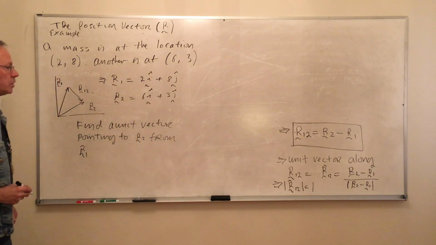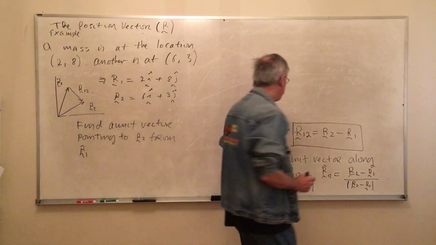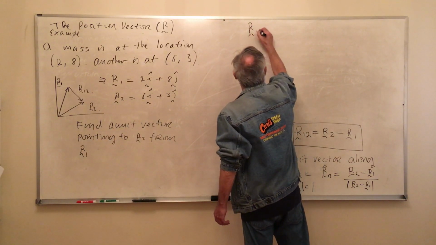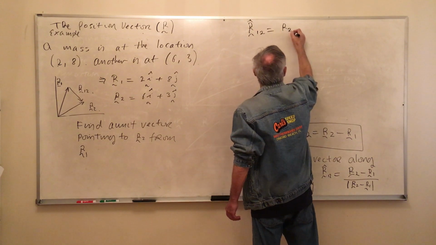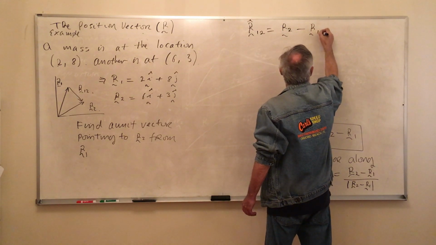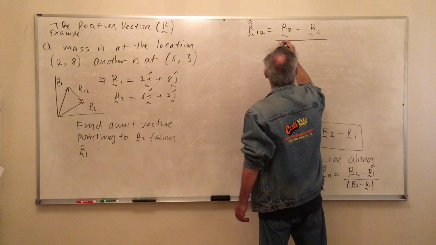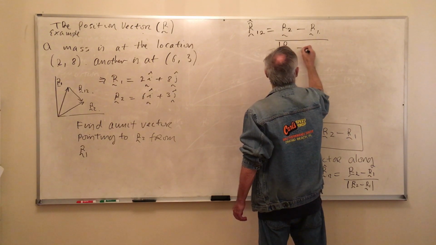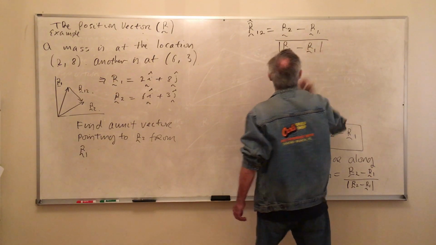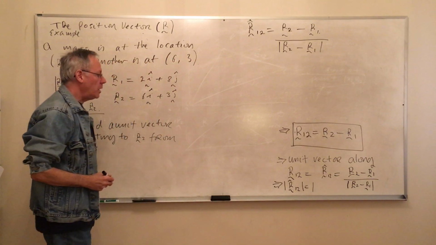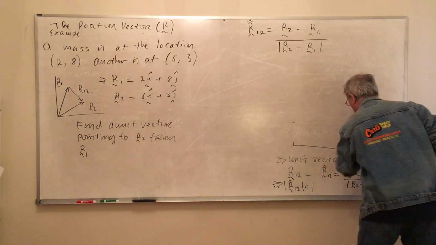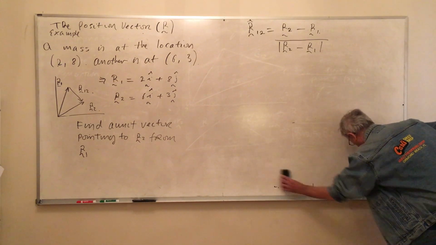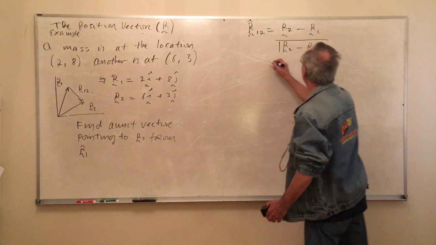So we're going to find R12 basically, and here's our formula. R12 hat is R2 minus R1 over its magnitude. So we put in the numbers for that.